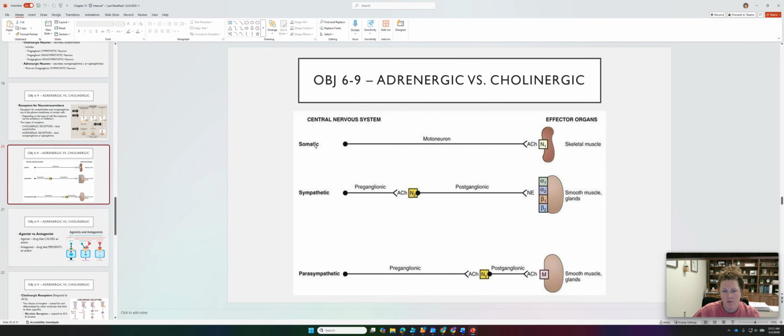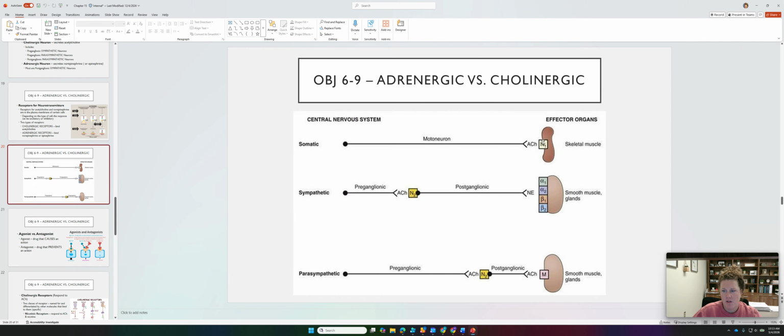So you can see that in the somatic nervous system, from the nervous system to the effector, there's only one neuron here. And this is kind of like what we learned about in the muscles. We learned that the motor neuron released acetylcholine, which means that this would be a cholinergic neuron. And then acetylcholine is going to bind to a nicotinic receptor, which is a cholinergic receptor.